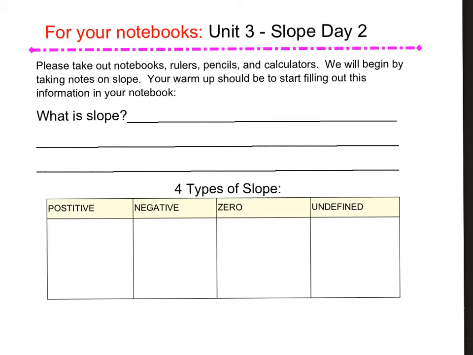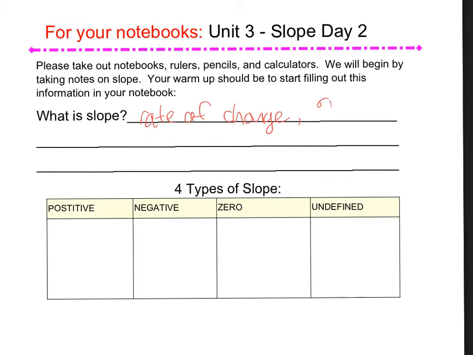First of all, obviously, I don't know if you guys have notebooks at home, so just take a good mental note that slope has a couple different definitions. Slope is called a rate of change.